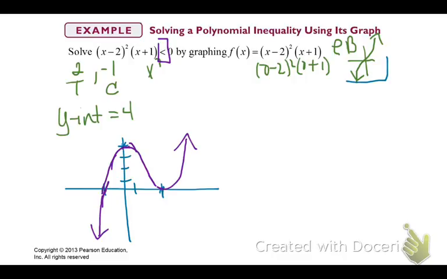So here's my x-axis. Where are the y values less than 0, in accordance to your x-axis? Above it or below it? Below it. Because these are the negatives.